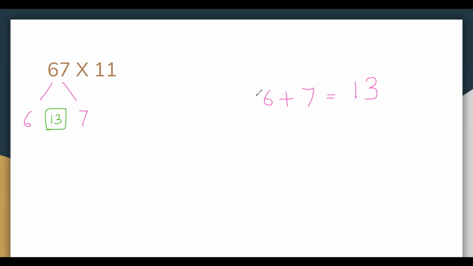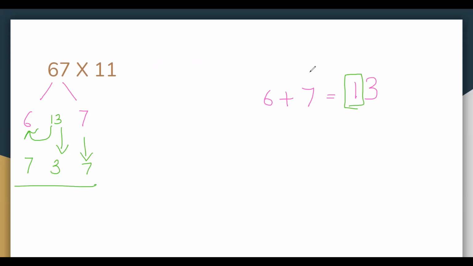So we take the 1 that is in the tens column and add it to the 6 on the left, and we make it 7. The 3, we write as it is, and the 7, we write as it is. So this is your answer.